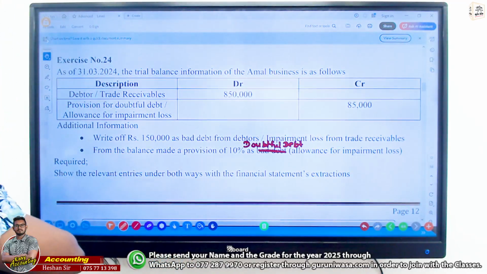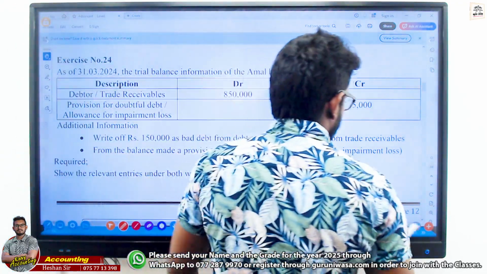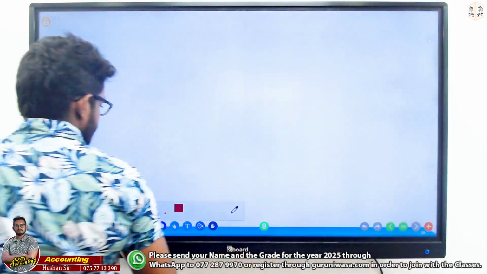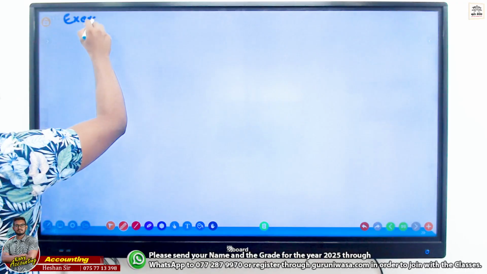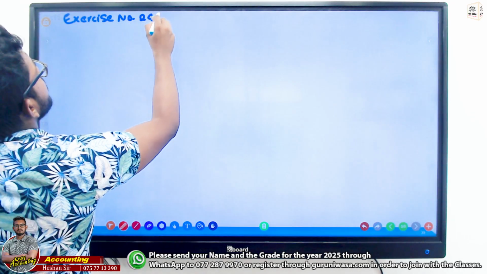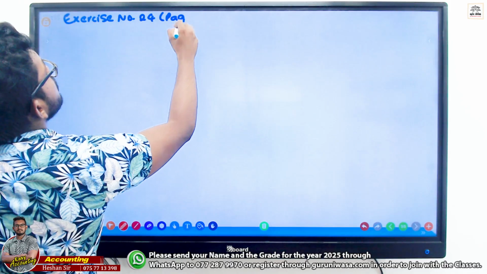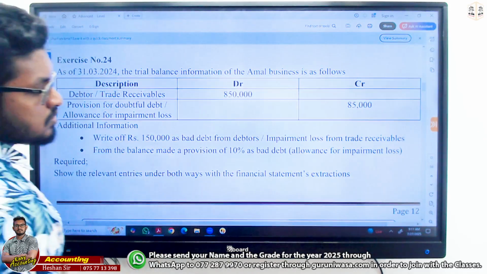Show the relevant entries under both ways with the financial statement extractions. This is exercise number 24, page number 12.